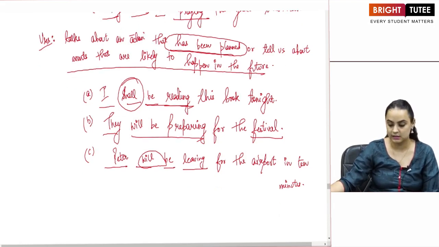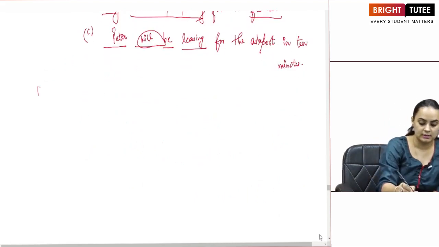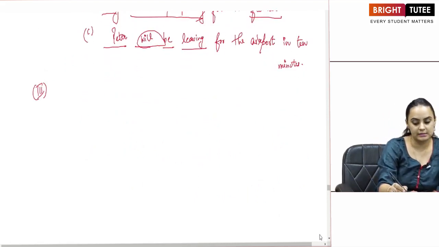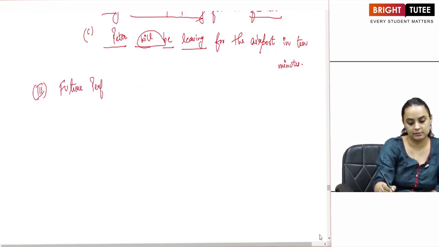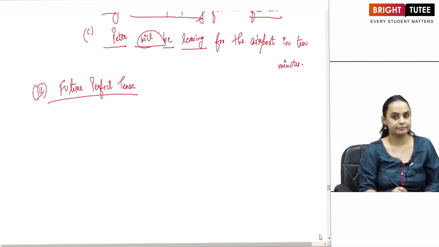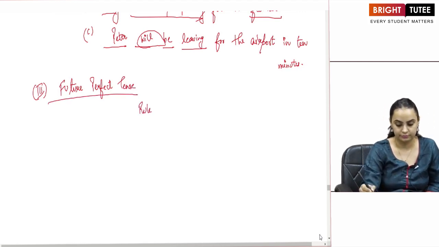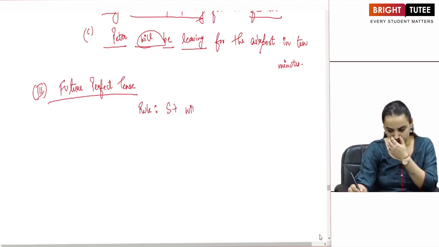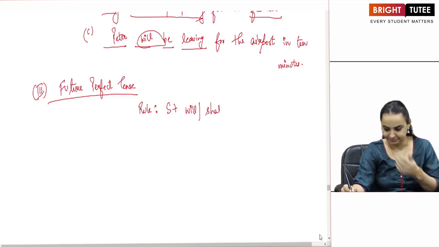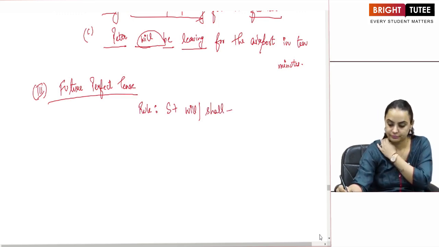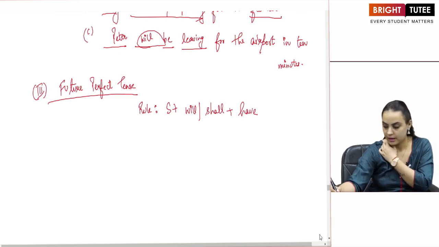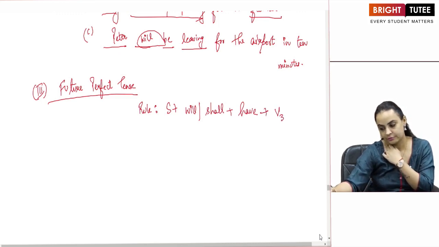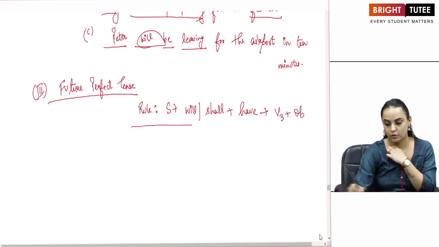The next and the last subtopic of the future tense is future perfect tense. First, the rule: subject plus will or shall plus have plus third form of the verb and the object.